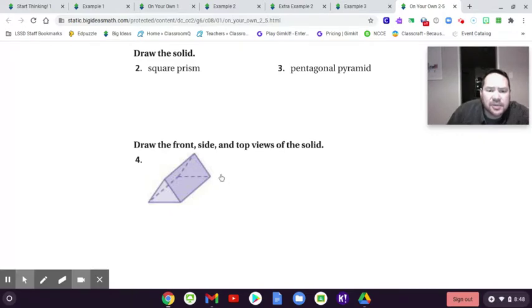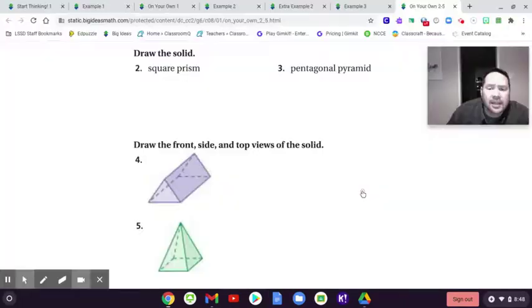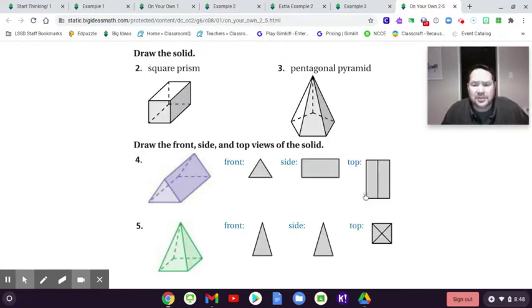This is called a triangular prism. And which of the following flat patterns would make this? This is called a square pyramid. So that there is a square prism.